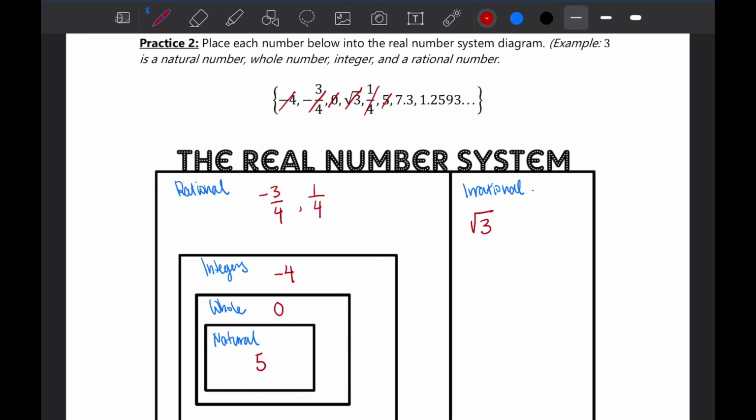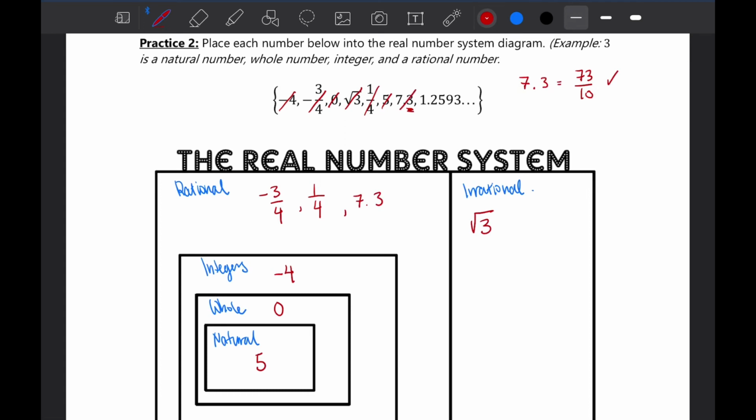7.3, we do have a decimal place here, but it terminated. It didn't repeat. It's safe to say this number, 7.3, can be written in a fraction form. We can say it's 73/10. Therefore, 7.3 is a rational number.